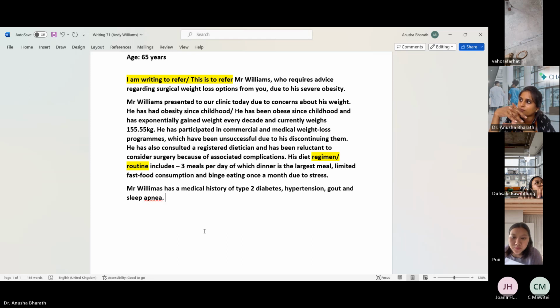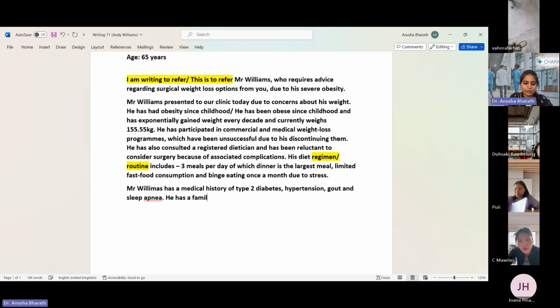Medication also. No need of stating the medications or anything. This man has a family history of obesity, right? Yes, ma'am. Or we can just say full stop.